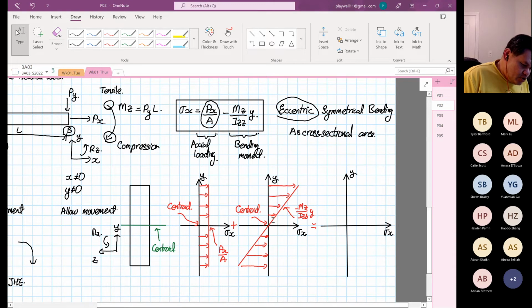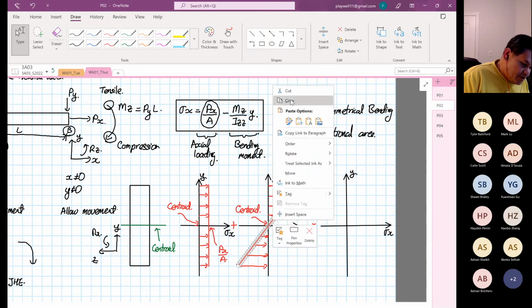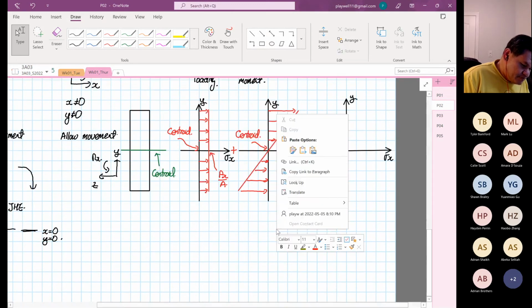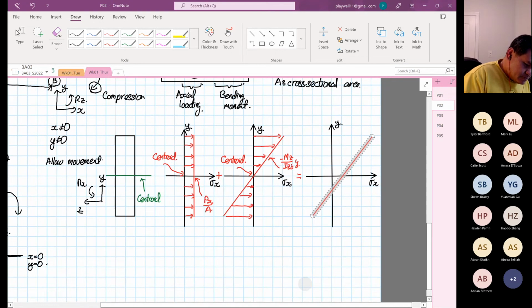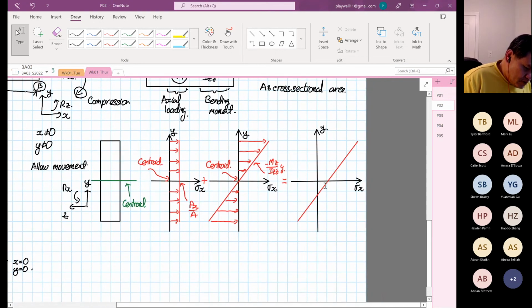When you combine the two, the gradient will be the same. The only difference is there will be a shift, and this is how the shift will look.